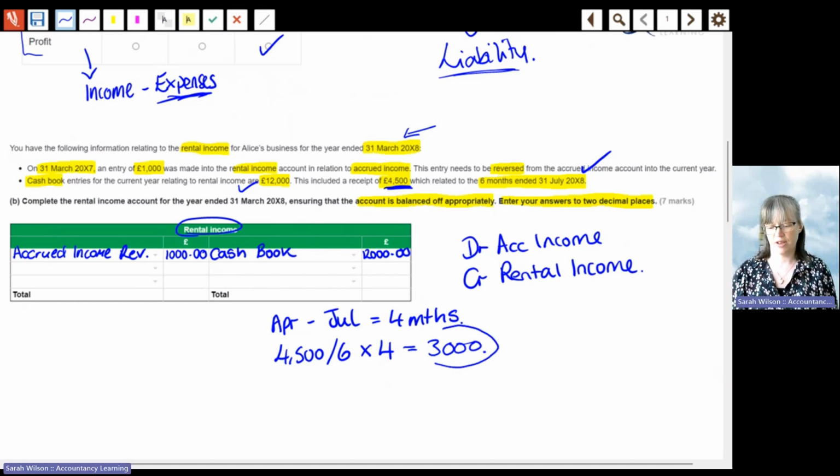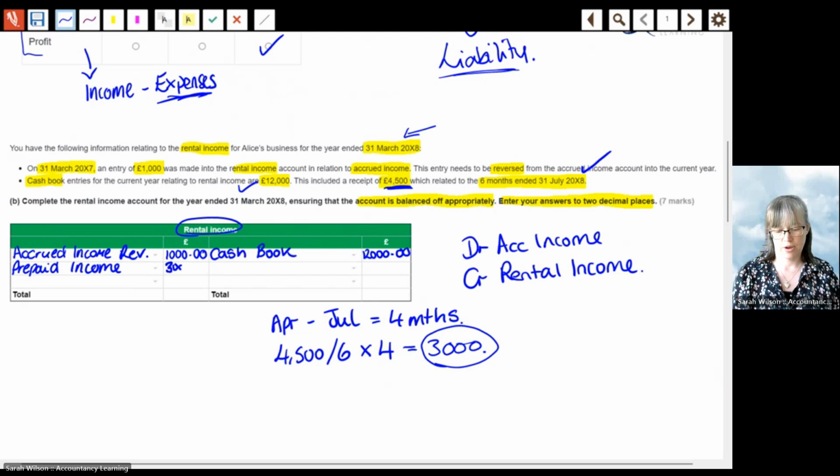So this is the figure that we're going to reduce our income by in this current year, and it will relate to the next financial year. So we are then on our debit side going to put in prepaid income, 3,000, and now we've dealt with that part of the question as well.